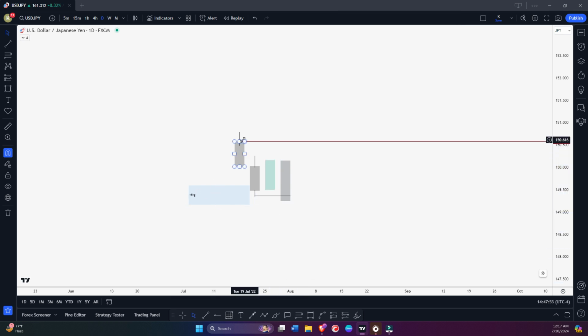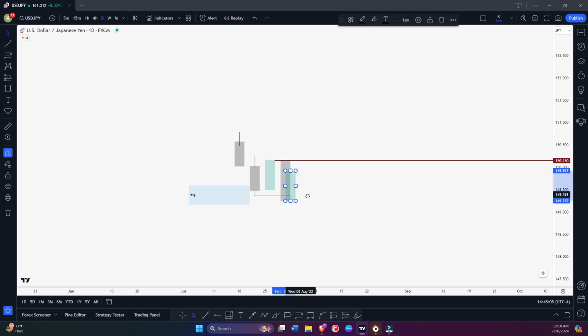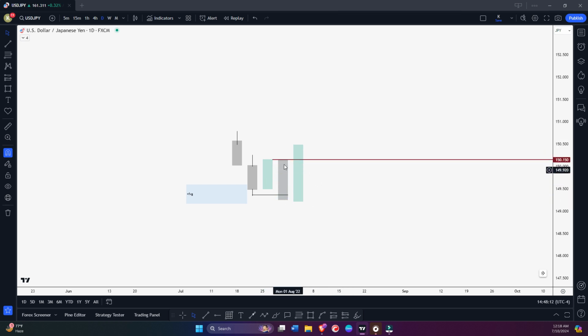Then we will take this as an order block, because this is the last down close candle that created a new low and we are inside the fair value gap. If the next candle creates a bullish candle and we break the high of this, then this is our order block. So we will mark this.